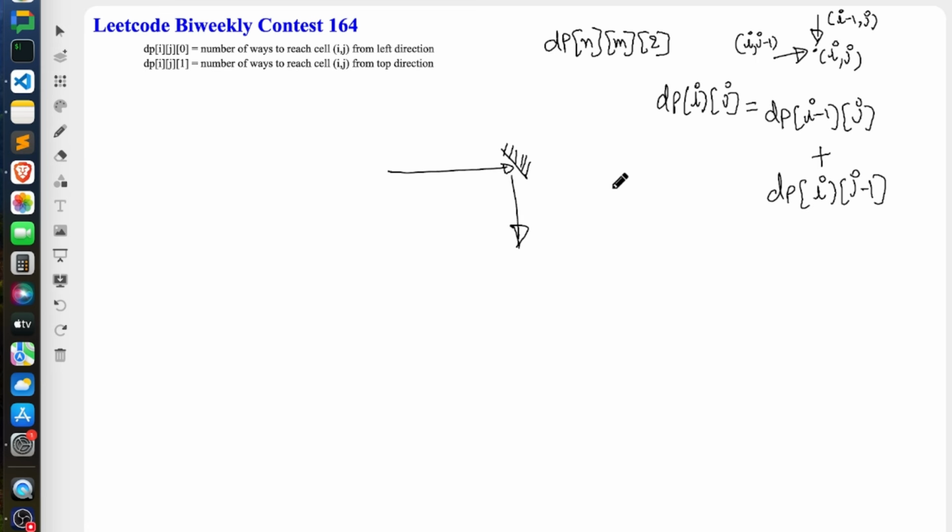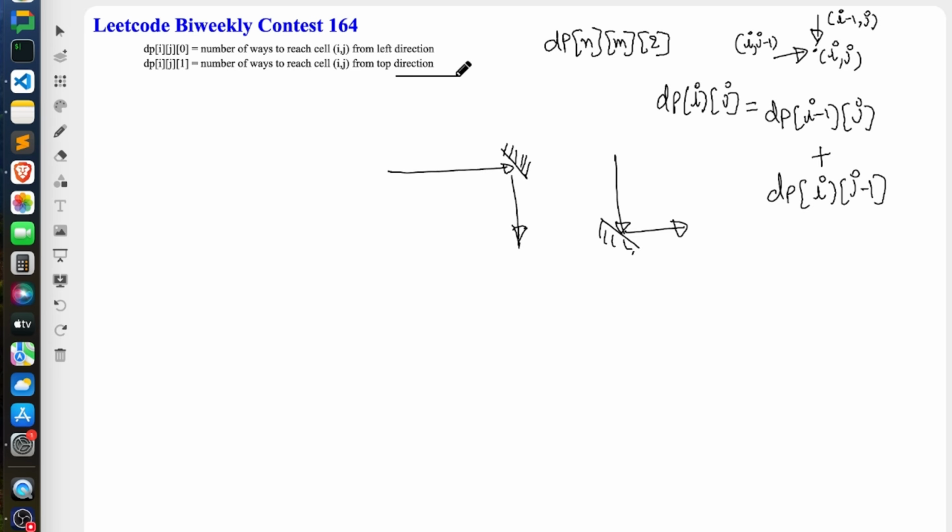And the second possibility could be, let's say you are coming from the top, it will change your direction to right. So this mirror essentially changes your direction, right?